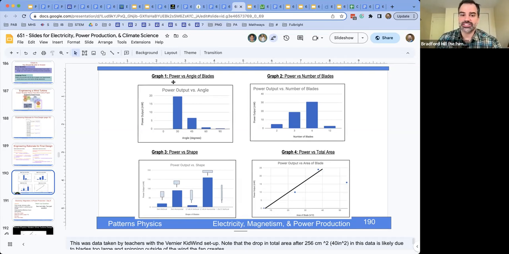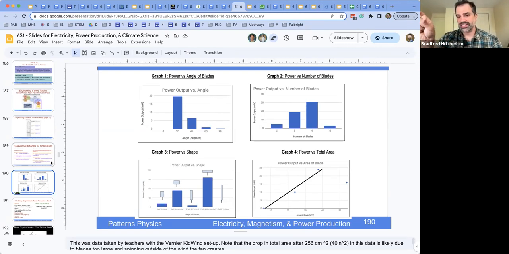Right now, they're talking science. How does the angle affect the power output? That is a science question. But then in light of trade-offs with cost, on the next day, they get to build the blades however they want, including ways we've never looked at in these four. Students like to twist the blades, and there's a sweet spot coming out of those fans.